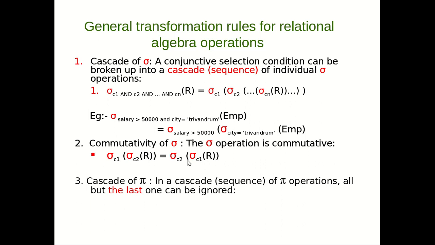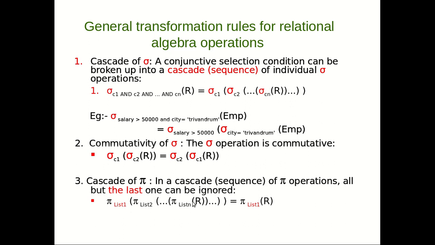Third rule is cascade of pi operation. Similar to cascade of sigma, cascade of pi. That is, if you apply a sequence of project operations, then what is the result? The result is the last pi. Project means you are only selecting a subset of attributes. Therefore, whatever you select, the final subset is the only valid one. For example, the rule says pi list 1, list 2, up to list n.